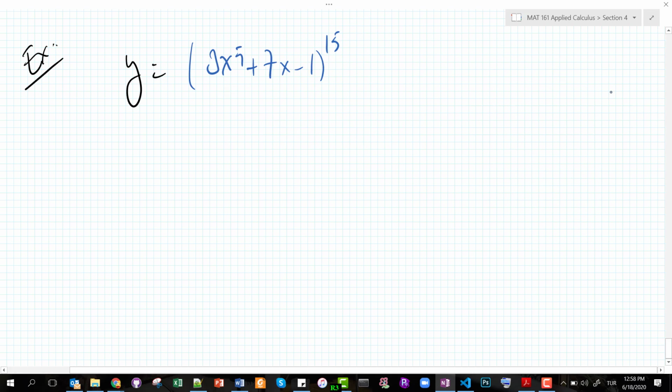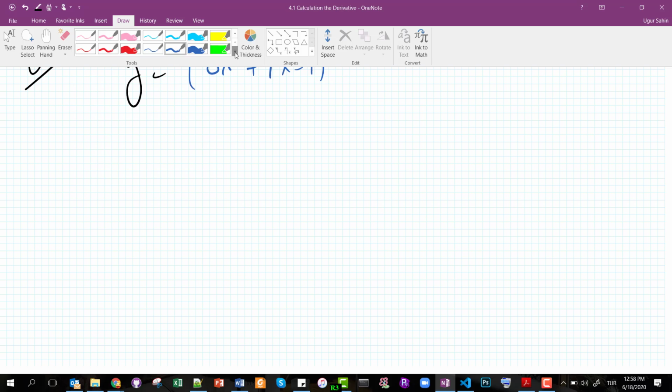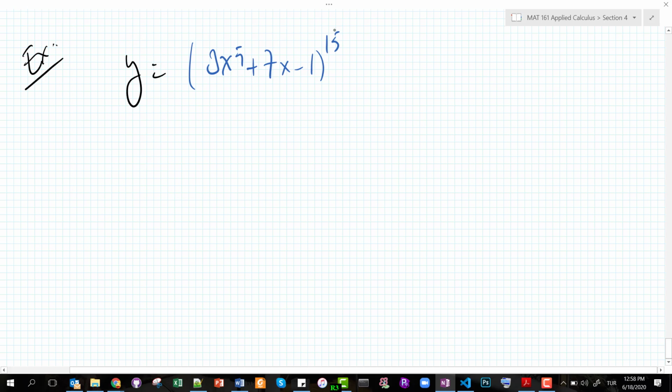Let's look at this example and see the composition of two functions here. If I have this function, my f of x would be the outside function. So f of x here would be something like that, x to the 15. So you can say this is the outside function.